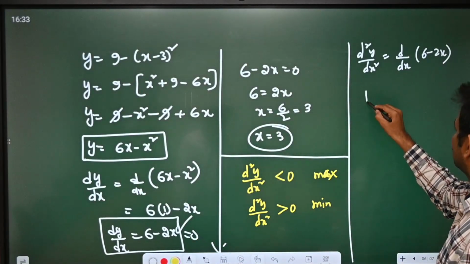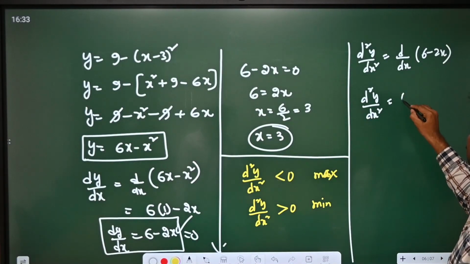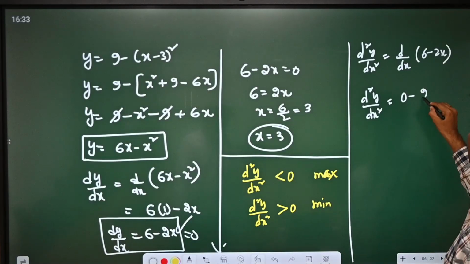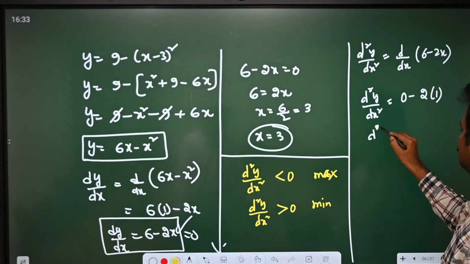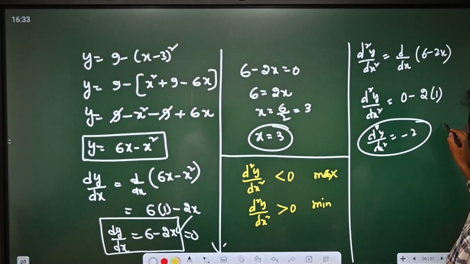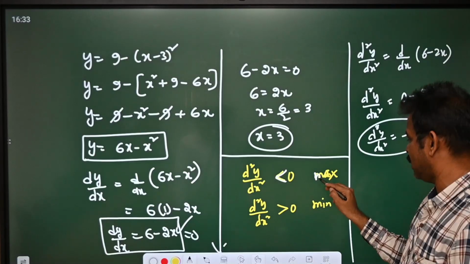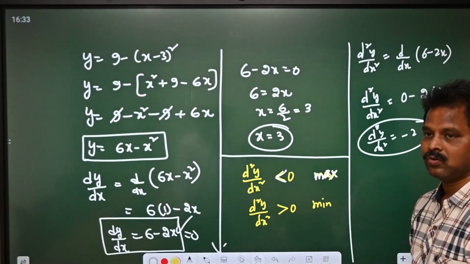Now differentiate this one. D square y by dx square is equal, derivative of 6 is 0 and derivative of 2x is 2 into 1. So d square y by dx square is equal to minus 2, and it is clearly less than 0. When it is less than 0, the function will have maximum value.